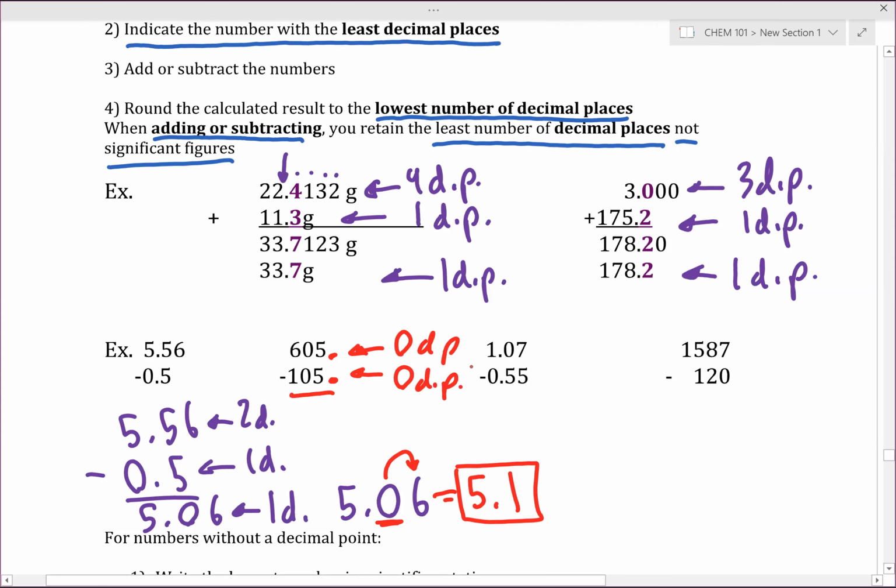Now, my question to all of you is, do we put a decimal point at the end of this number? So let's think very carefully about this. Looking at both of these numbers, we have digits in the 1 place, and we have no decimal places. So do we retain this decimal point? Do we put a decimal point at the end of 500? So let's look and see.